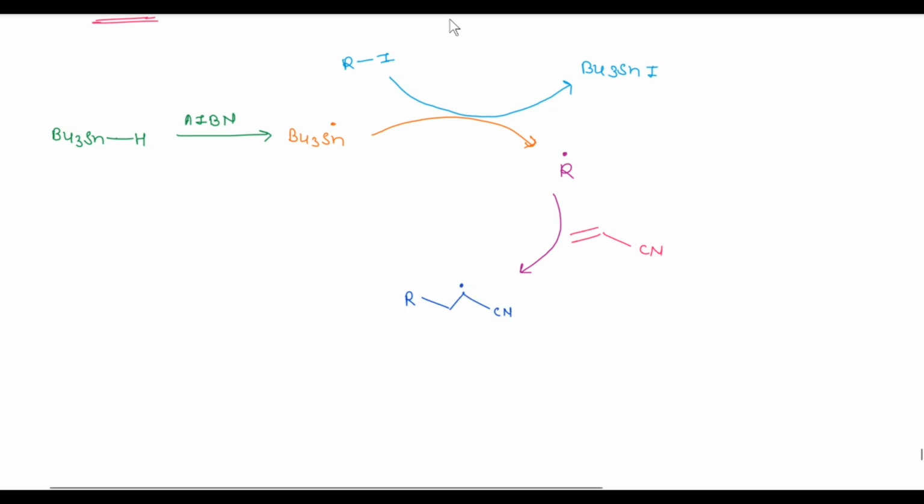So in the next step, this radical abstracts hydrogen radical from TBTH and we get our product, and here the TBTH radical, and the chain reaction takes place like that.